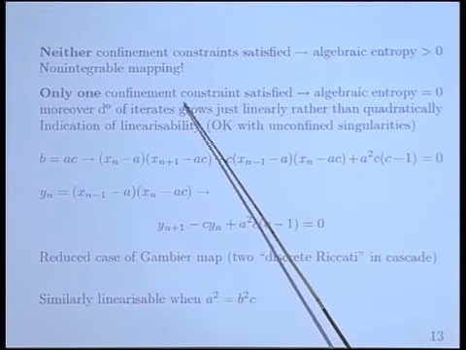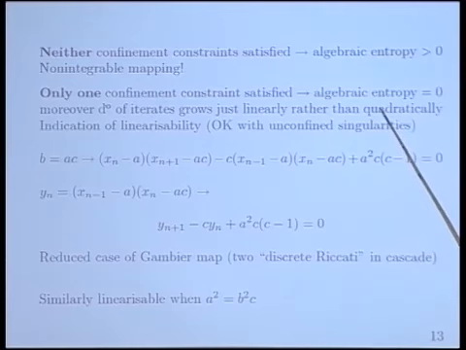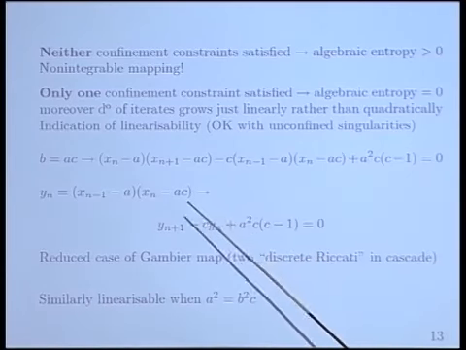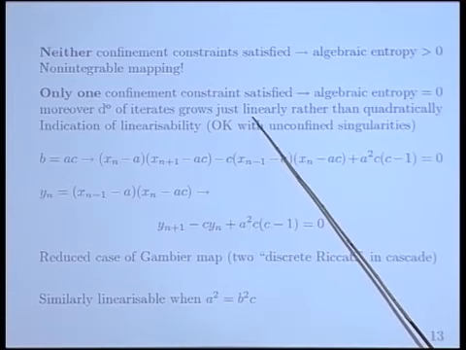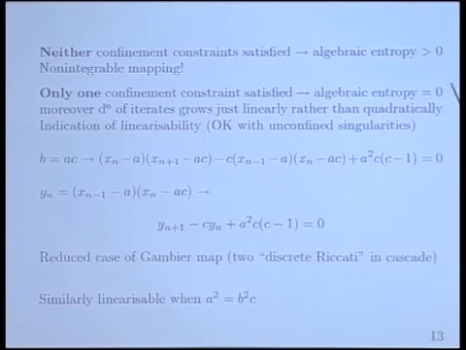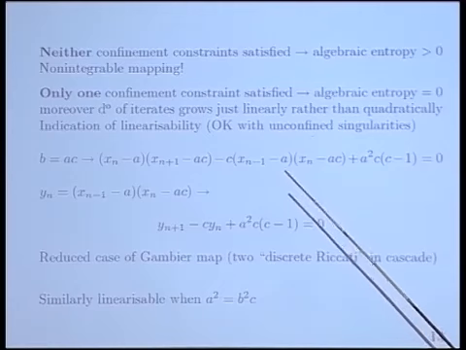But if you satisfy one of them and violate the other one, it turns out the algebraic entropy is still 0. So you have an integrable system with 0 algebraic entropy which is not confined. Well, we've known for years that such systems exist. And in addition, since the degree of the iterates doesn't grow quadratically, as is the case with the Painlevé equation, but only linearly, then we know that the system is simpler.